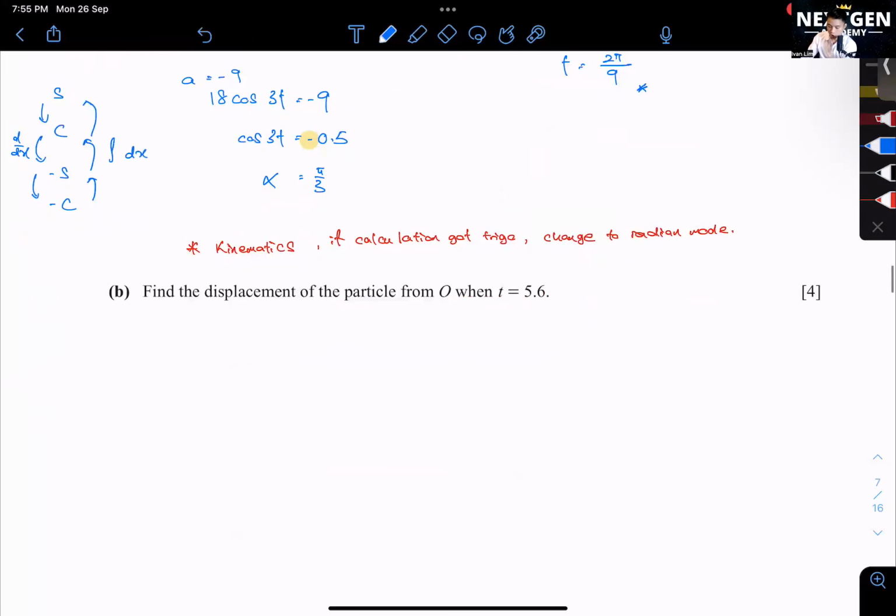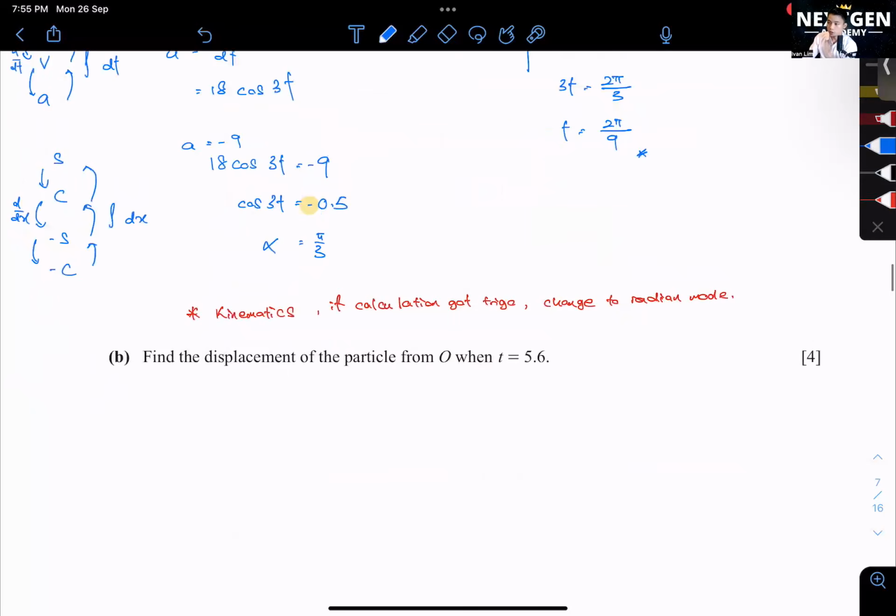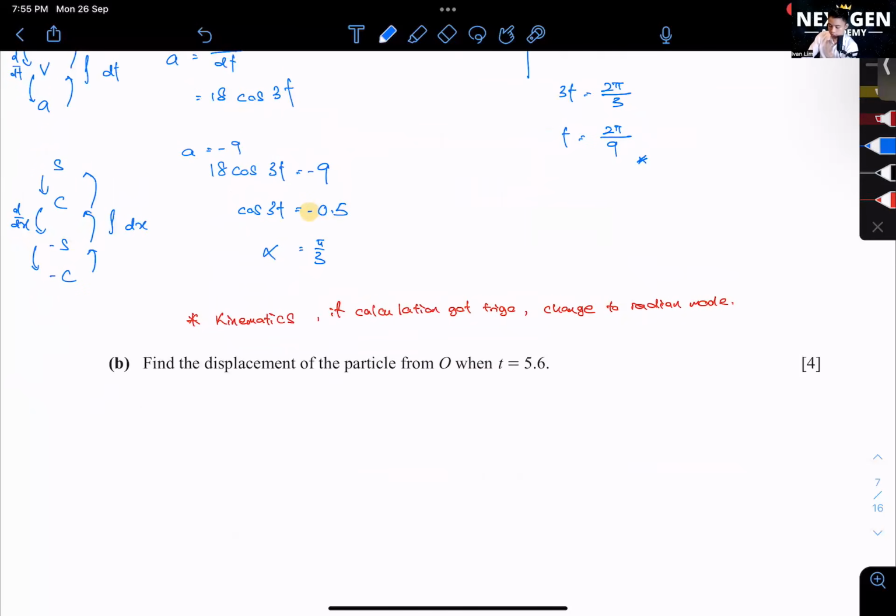Question B. Find the displacement of the particle from O when t equals 5.6. So we have to integrate first. s equals integral of 6 sine 3t dt. We're integrating the v value so that we get displacement, which gives -2 cos 3t plus c.